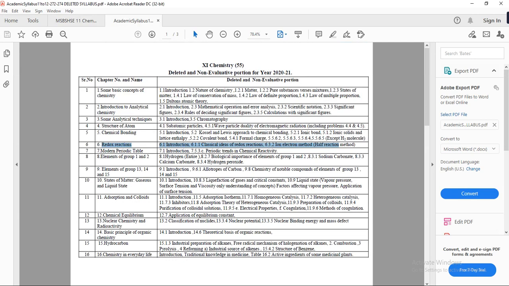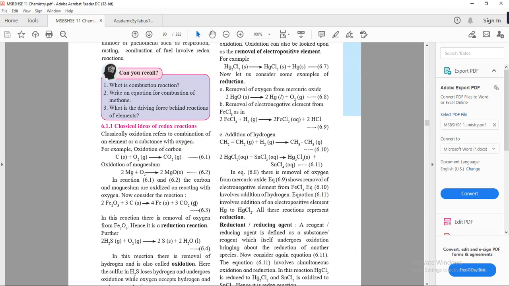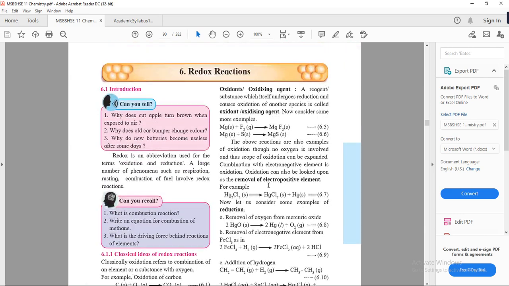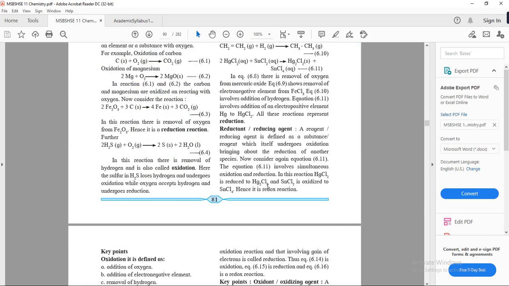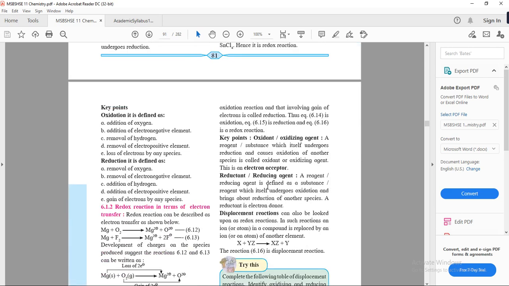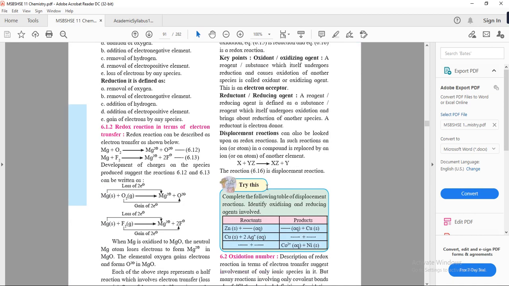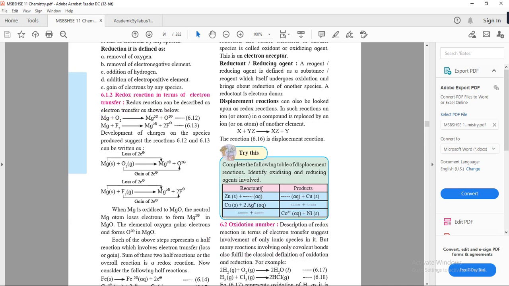But the basic definitions for oxidation are here. Only 6.1.1 and in 6.1. So we have to study this, in short, for your understanding. Please study this definition at least.